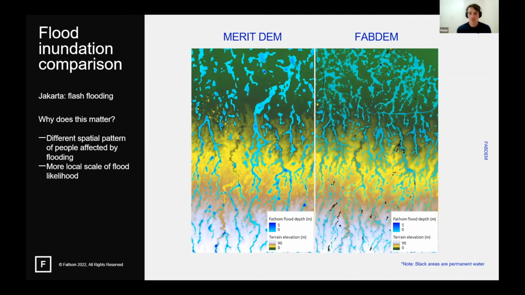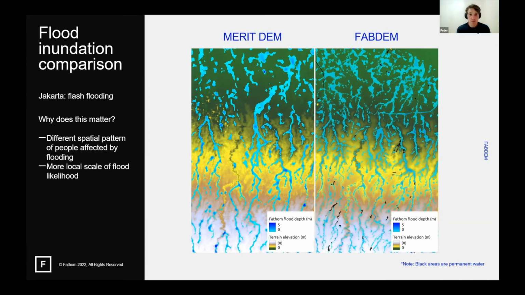And the FabDEM example shows, because we're picking up more detail, we're also seeing smaller flow paths and more locations where this flash flooding is combining into floods.